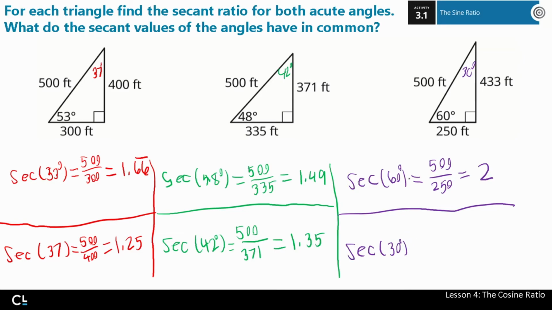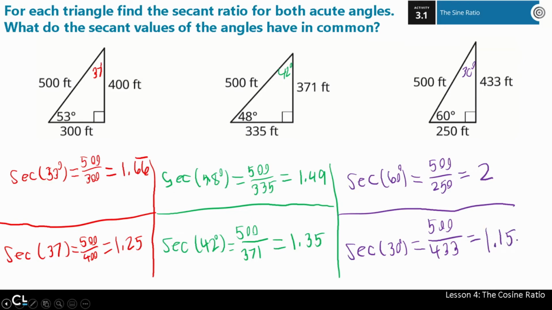All right, my degree symbols here. Hypotenuse is going to be 500, and the adjacent side is 433. I'll plug this one into the calculator. We get 500 divided by 433, and we have to round, so it's going to give me 1.15.